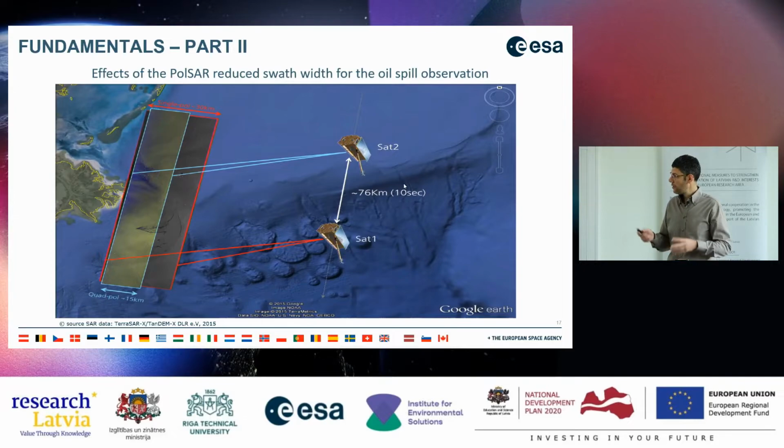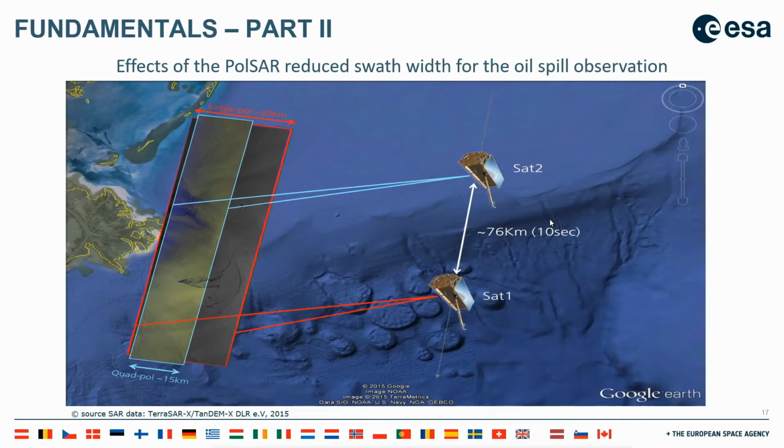To show you the first case of what I mean by reducing the coverage, what you can see here is a Google Map overlay of 2 acquisitions from satellite. This is the so-called TanDEM-X configuration, composed of 2 satellites which for a certain period of time were flying one behind the other on a very short baseline, about 10 seconds, or 76 kilometers, quite near to each other.